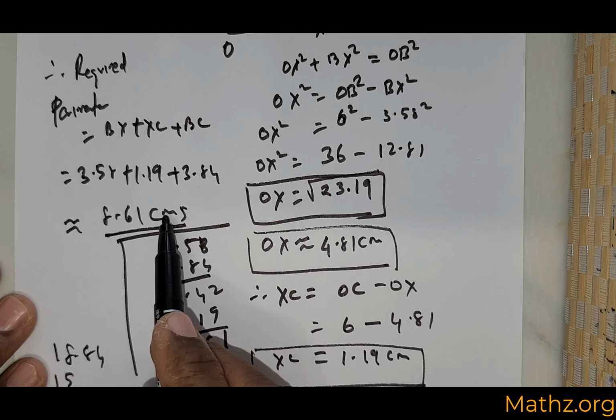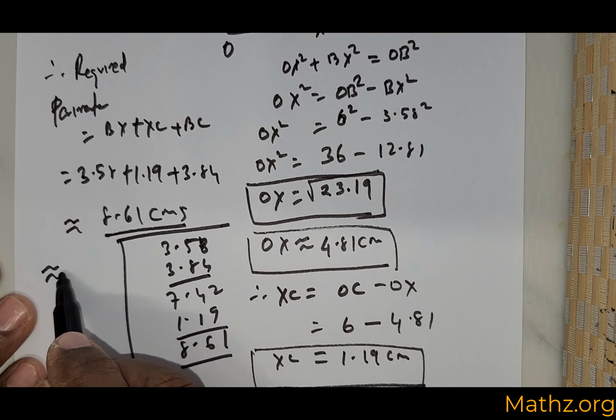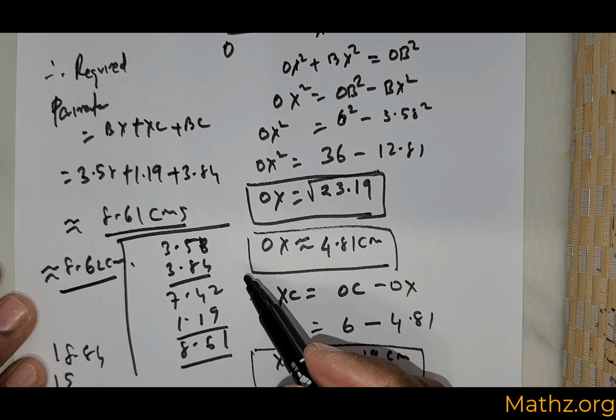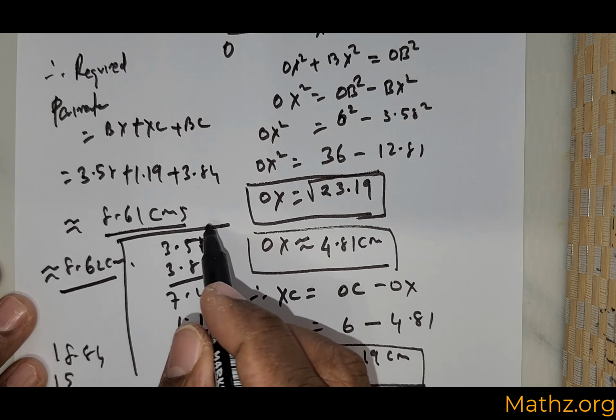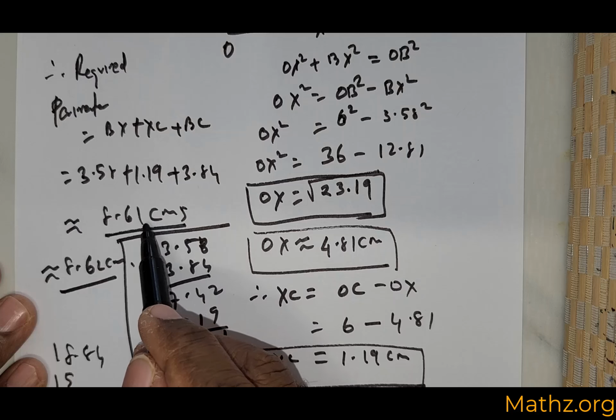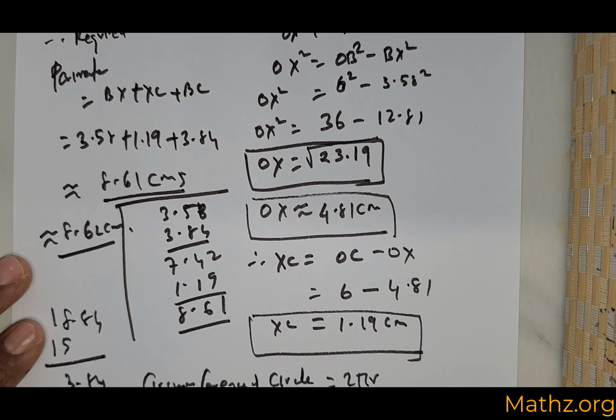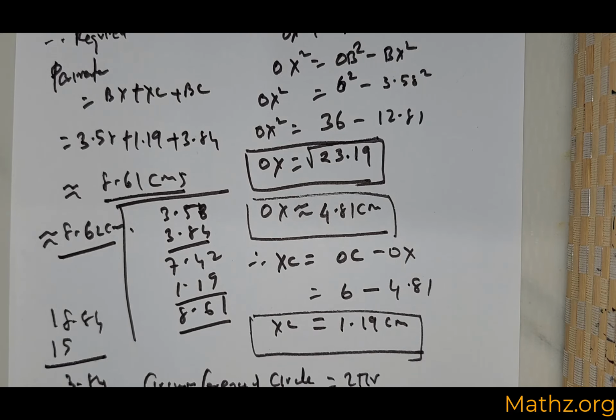If you place one more digit here, this would become 8.62 cm. So you need to watch the requirement, what they are asking you, whether 3 digits or 2 digits, and based on that you can include the number of digits. So that is the end of this question. We move on to the next one.